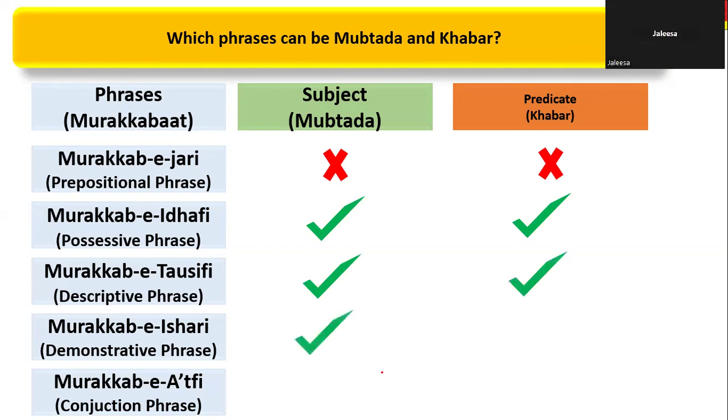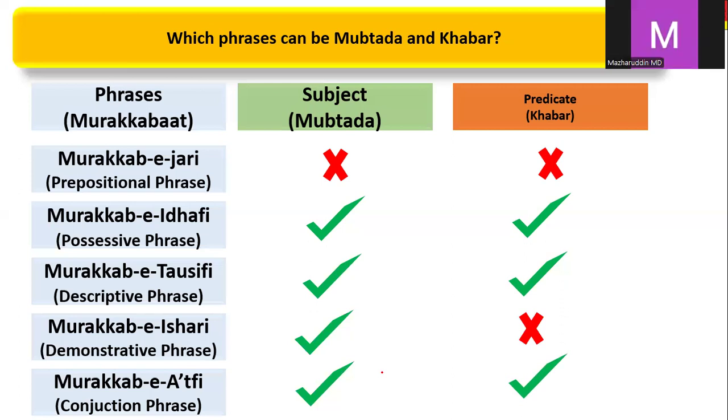Murakkabe ishari. It can be mubtada, but it can't be khabar. Murakkabe atfi, it is the same. It can be mubtada or it can be khabar. But here we need to understand why murakkabe jari can't be mubtada or khabar either. So that we will understand here.